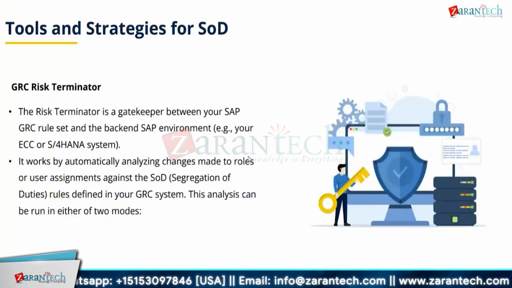So the first tool we have for the strategies for SOD is the GRC risk terminator. The GRC risk terminator acts as a safeguard that automatically analyzes any changes in roles or user assignments against any predefined SOD rules within the SAP GRC system. This risk terminator was present in your ECC system, and the same is applicable for the SAP S/4HANA system as well.